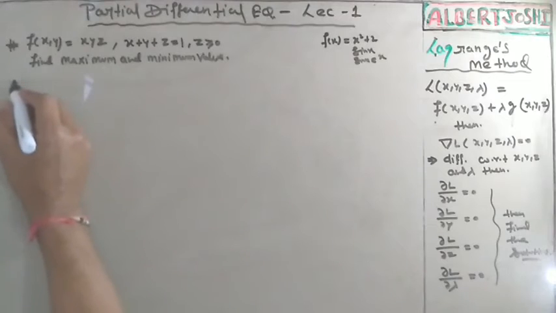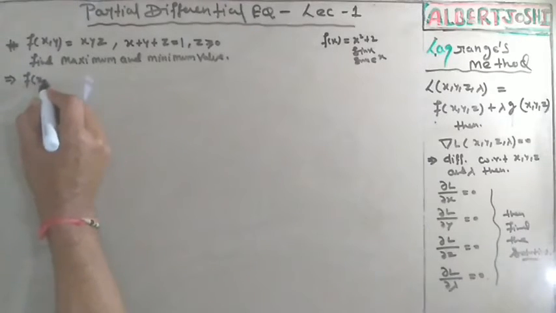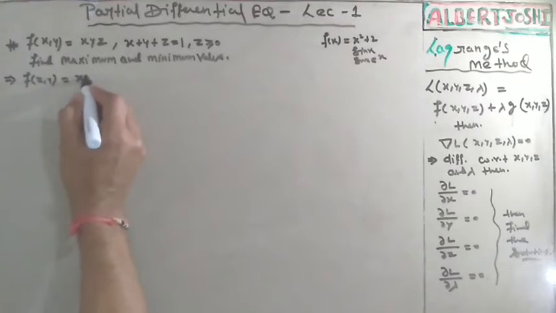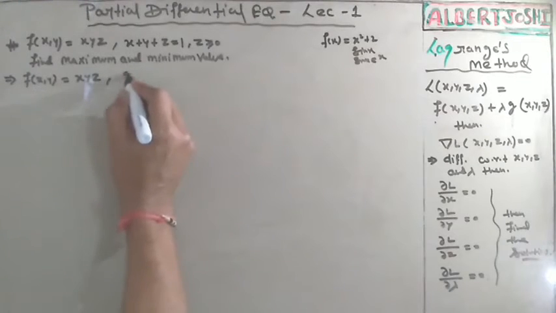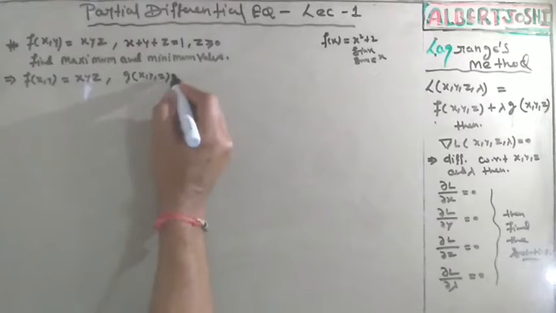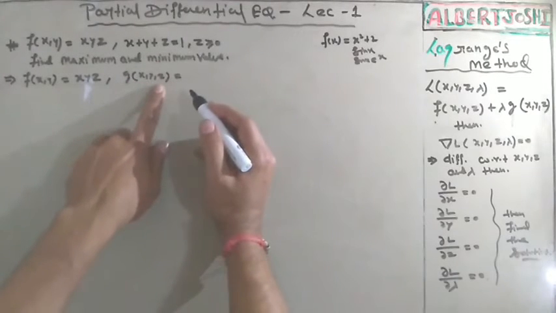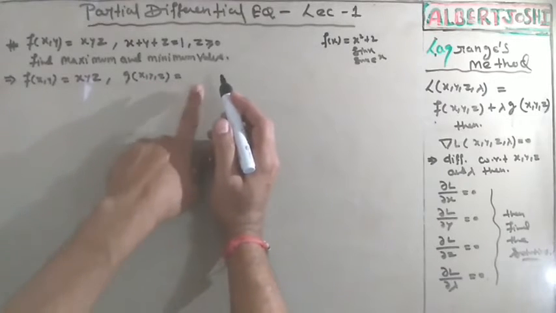This time they have given you f of x, y, z equal to xyz, and g of x, y, z equal to x plus y plus z minus 1. There are a total of 3 variables. If there were more variables, suppose x, y, z, p, q, then you would write x, y, z, p, q.